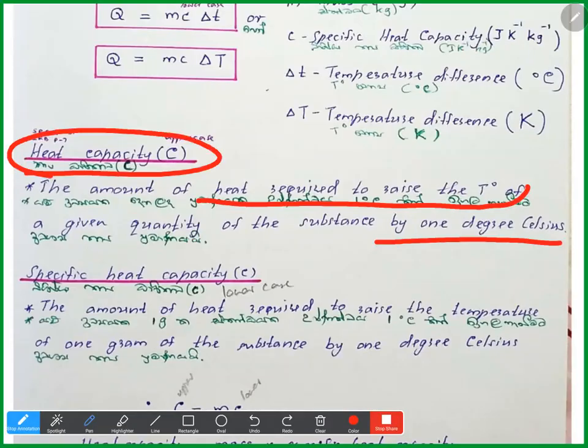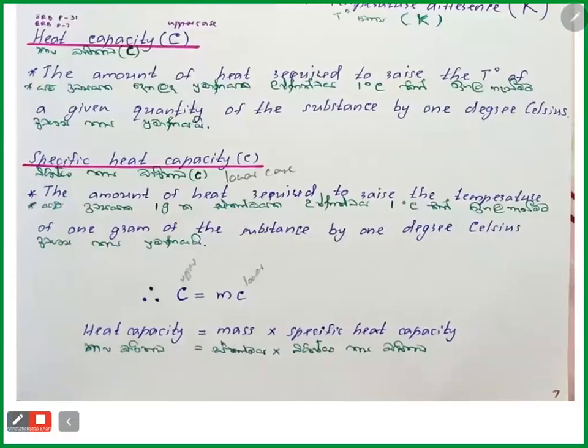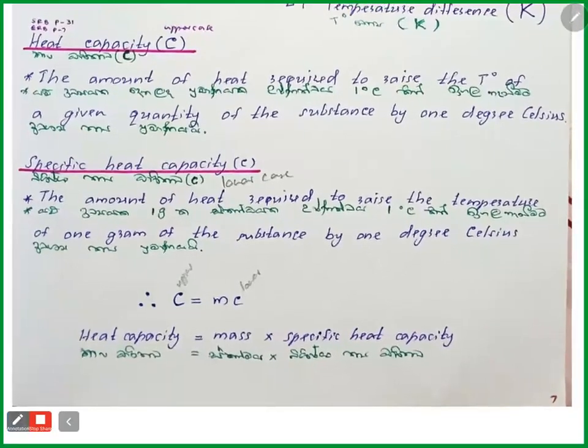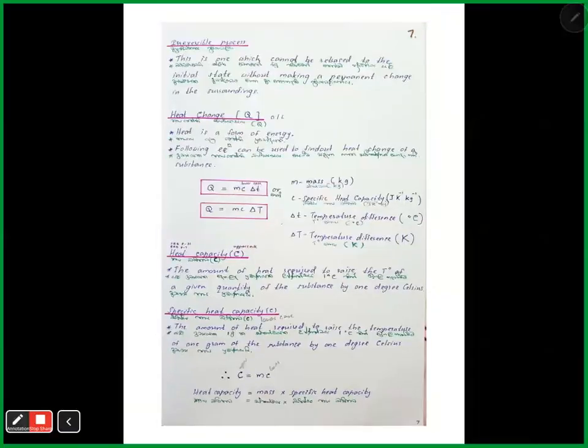What's the specific heat capacity? If the amount becomes 1 gram, then heat capacity becomes specific heat capacity. So we can write heat capacity equals mass times specific heat capacity.